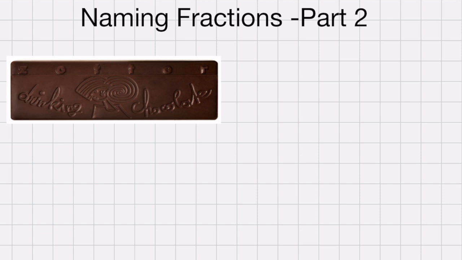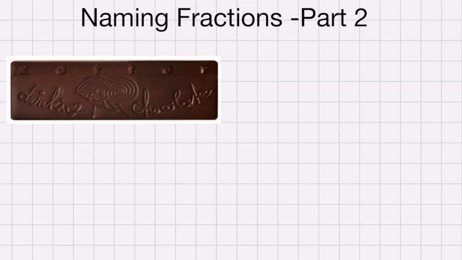So just here, I've got a chocolate bar and I might want to break it up into some even pieces. Let's say that I wanted to share it between 6 people and they're going to get 1/6 each. So what would that look like?